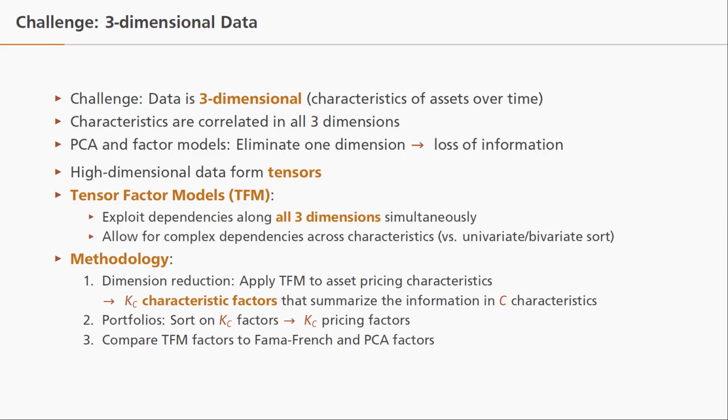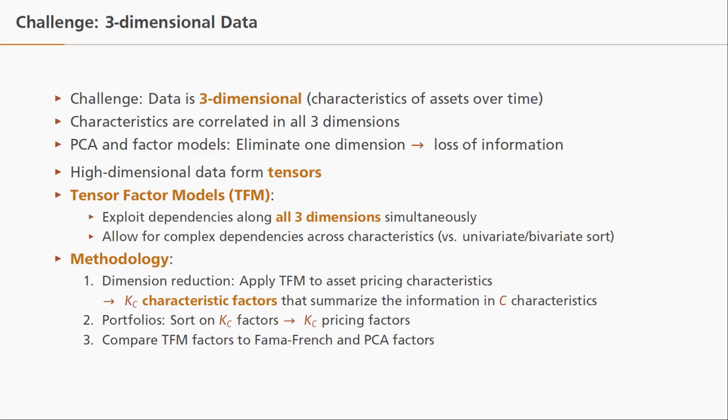The methodology in this paper has three parts. First, I will use these tensor factor models to reduce the dimensions in the characteristic space. That will be the first half of the talk. The second half will be the asset pricing piece. Once I have these characteristic factors, I will construct asset pricing factors that come out of the tensor model.